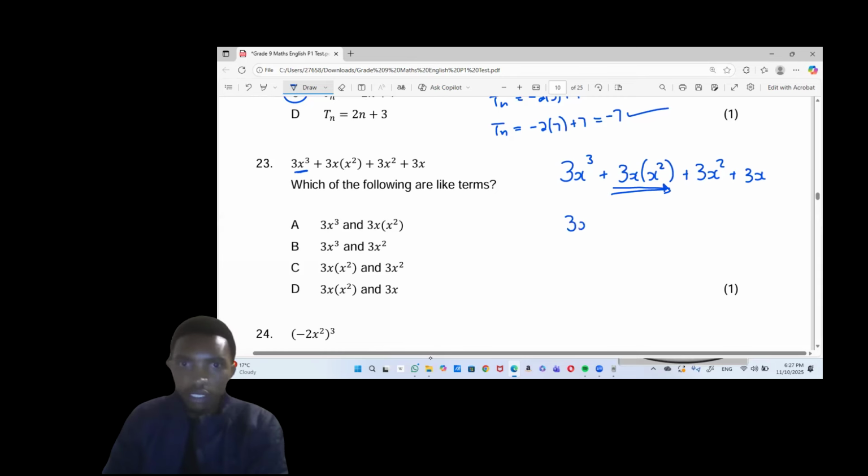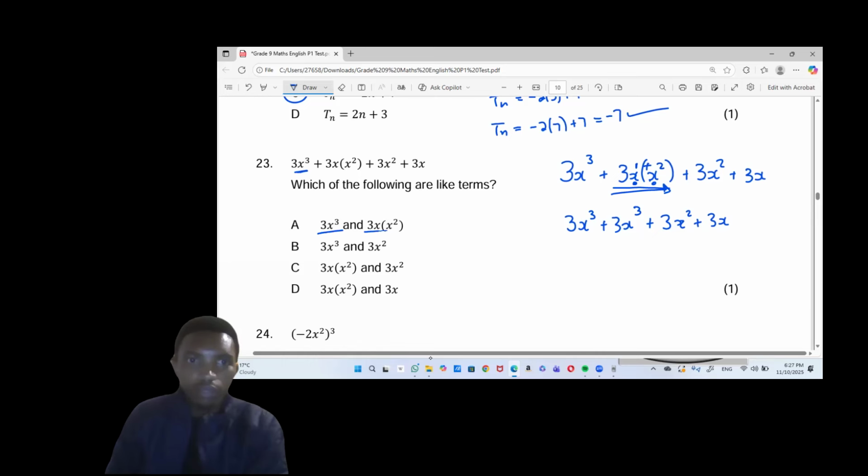We're going to have 3x cubed plus 3x times x. What do we do if we multiply the same bases? We add the exponents, right? So 1 plus 2 is how much? It is 3. Then this one is already simplified, 3x squared plus 3x. So which ones are like terms here?